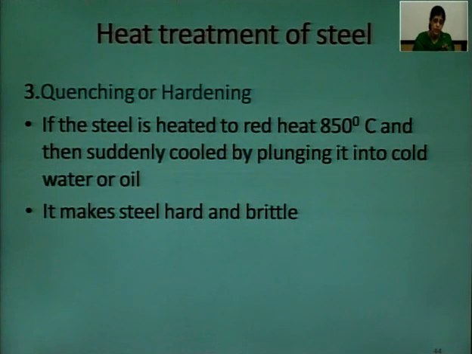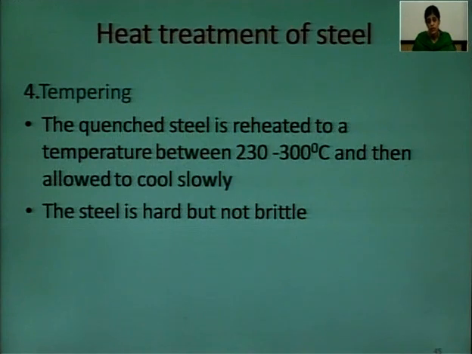Then quenching, in which we are heating it to a high temperature of red hot and then cooling it suddenly by plunging it into cold water or oil. Then we have tempering, in which the quenched steel is reheated to 230 degrees centigrade and then allowed to cool slowly so as to make the steel hard but not brittle.